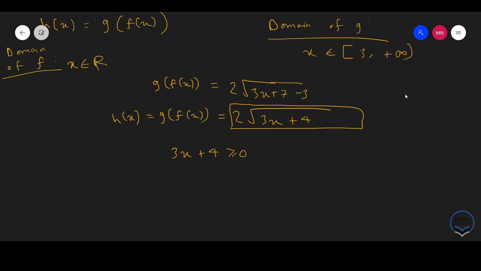So we can find the values of x for which h of x is defined, or g of f of x is defined. So subtracting 4 from both sides, we have 3x greater than or equal to minus 4, and we divide both sides by 3. This gives us x is greater than or equal to minus 4 by 3.